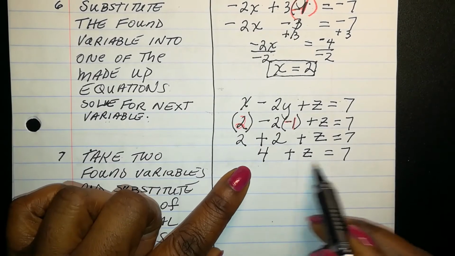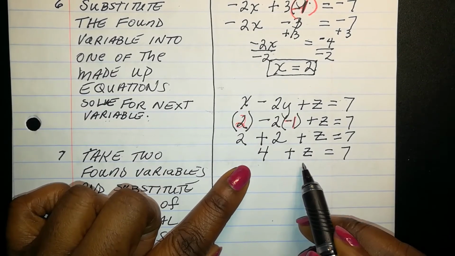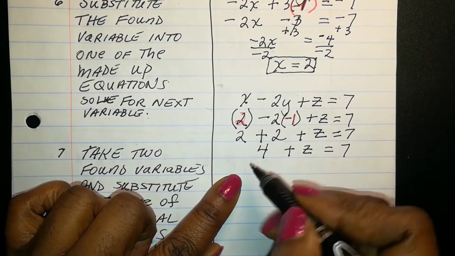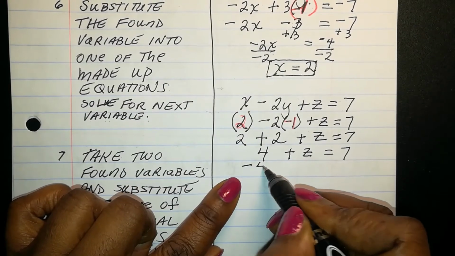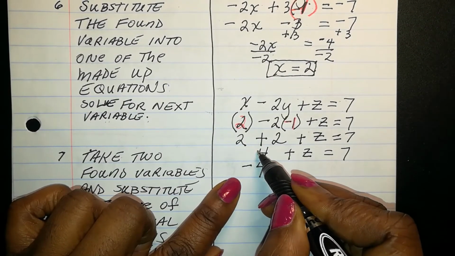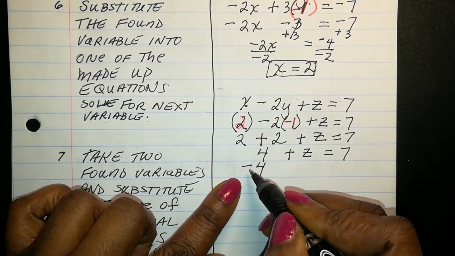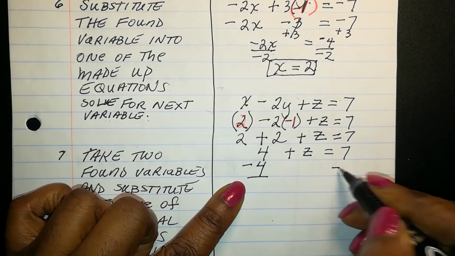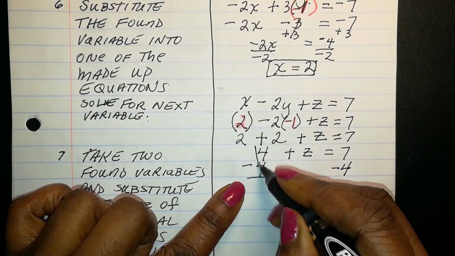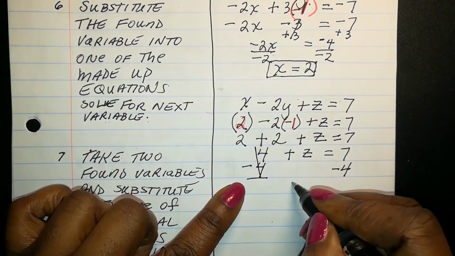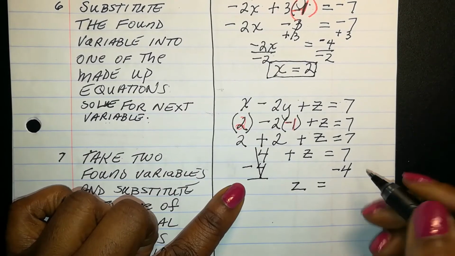Now, let's see. How do we solve so that we just have the z by itself? Well, we've learned that a long time ago. We take the inverse of what we have. If this is plus 4, which any number without a sign is a positive, we take the -4 and we do it to both sides of our equation. That will cancel, giving us z as our remaining number.